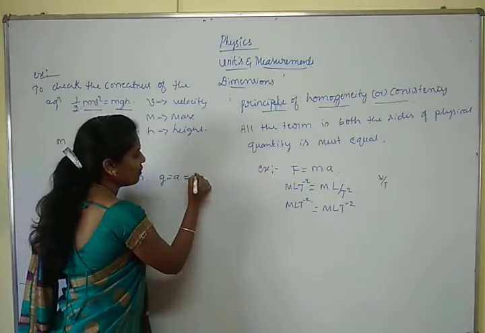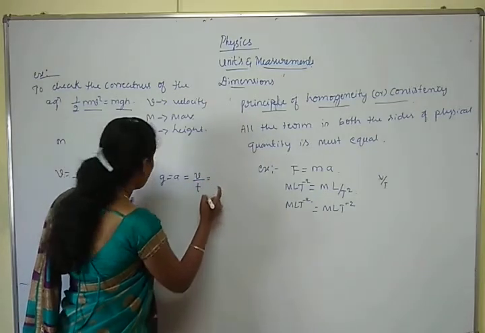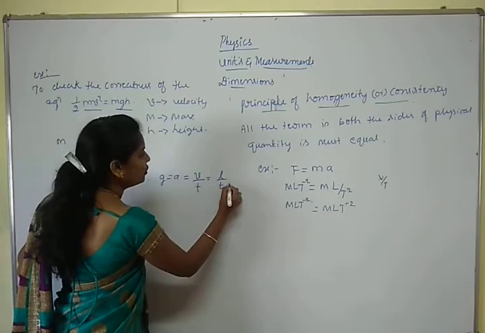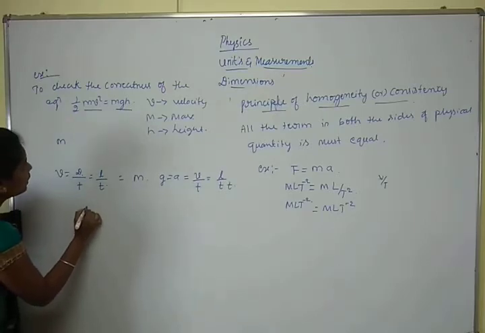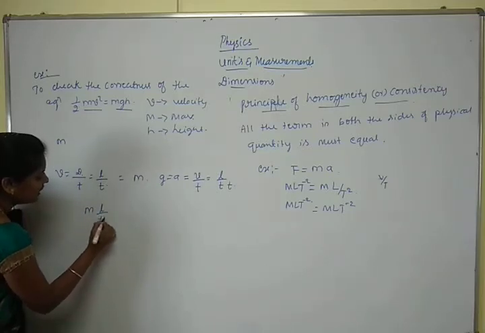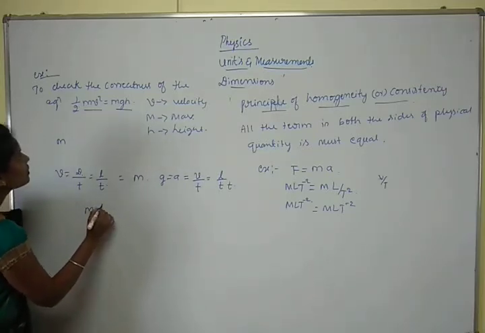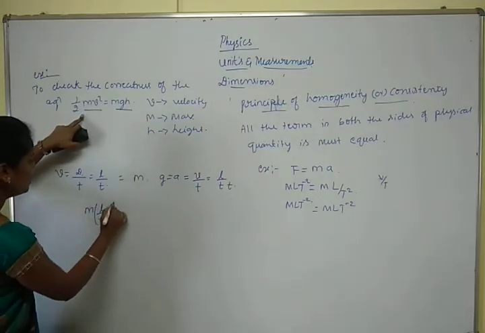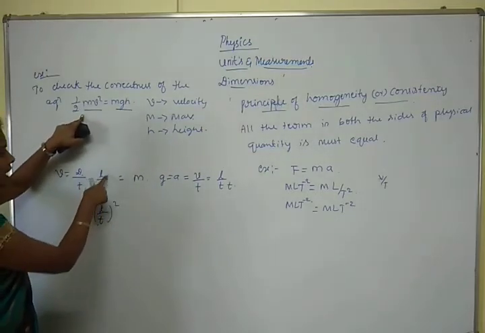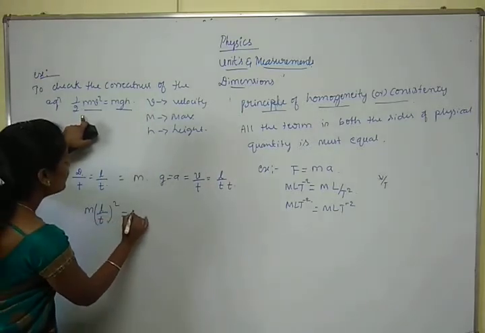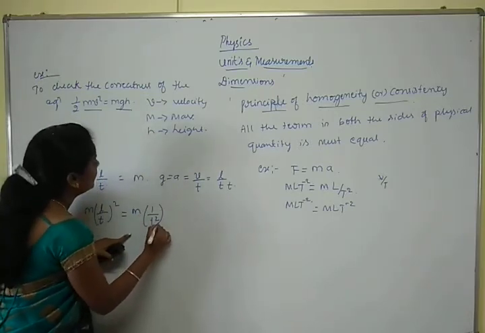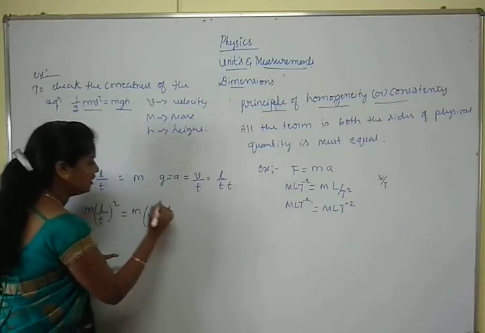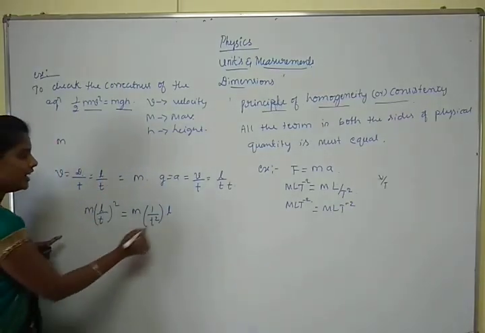Acceleration means velocity divided by time taken, that is L divided by T into T. Substituting these values, we get m into (L divided by T) whole squared equals m into g, that is L divided by T squared, into h, that is length.